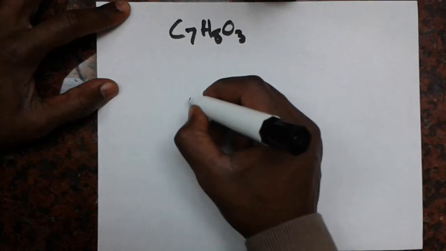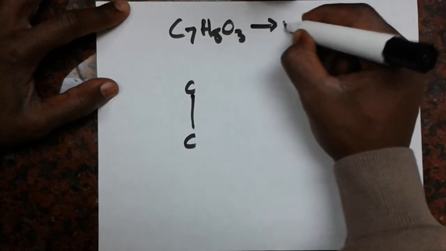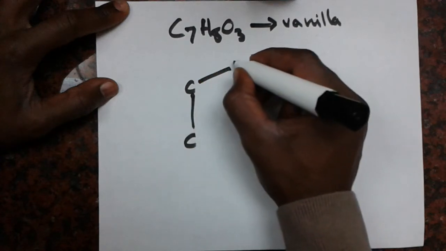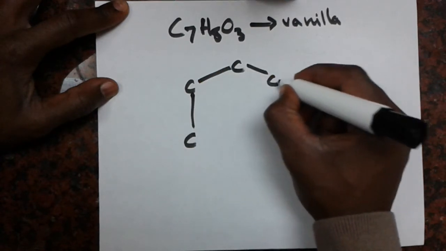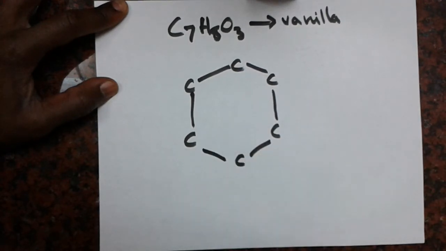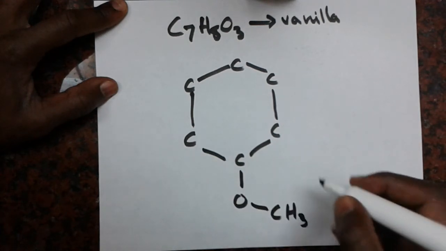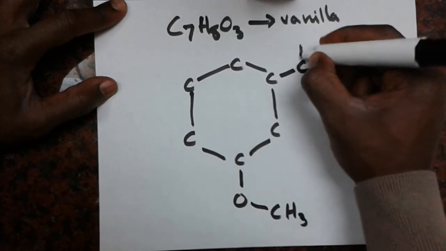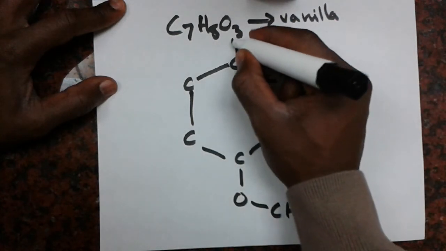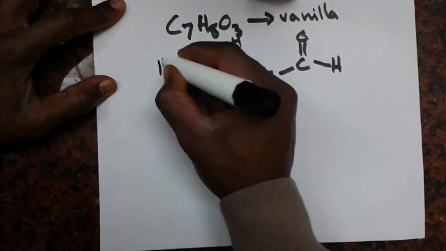So if you were given that you have a material with a certain structure, you should be able to determine the chemical formula. Or if you're given the chemical formula, you should be able to predict the structure.